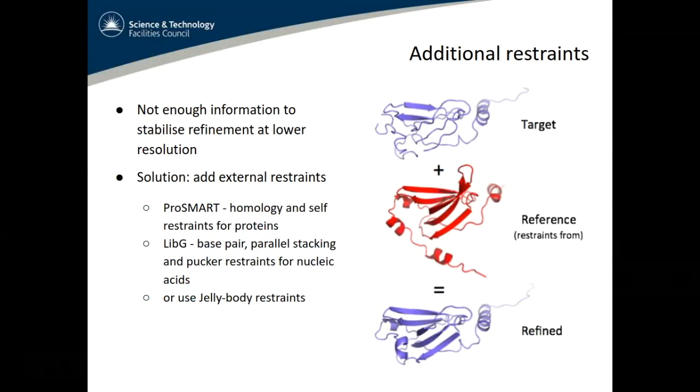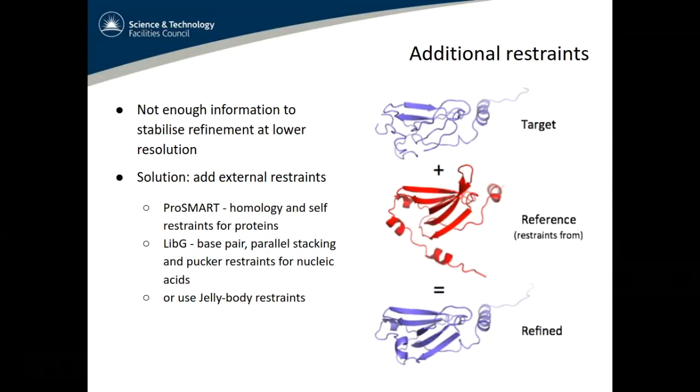This is where you have a homolog structure available at higher resolution, and take distance measurements from the homolog and apply them to your target, and hopefully that constrains things a bit. You can also use ProSmart to do self-restraint, so if there's no homolog available, you can just say you want the molecule to stay similar to how it currently is, and that will help stop it drifting away from where it should be.